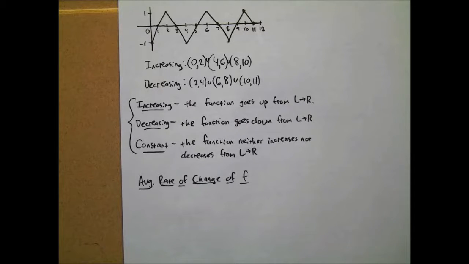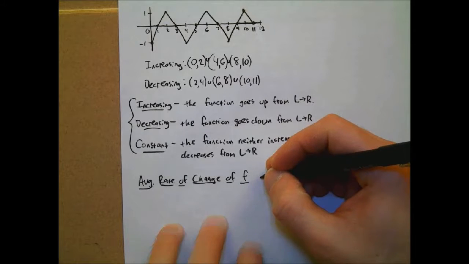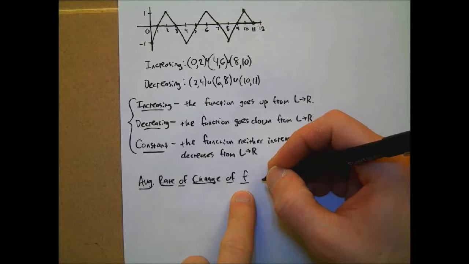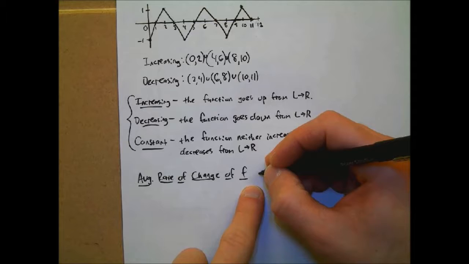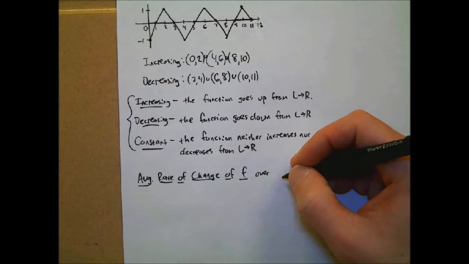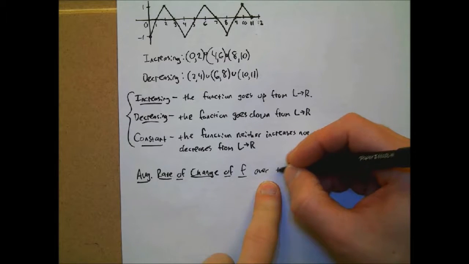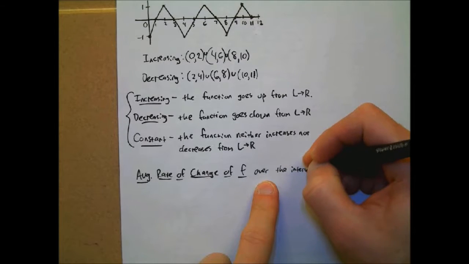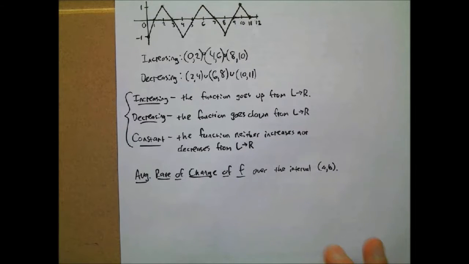Normally when you're asked to find the average rate of change of f, you're given some sort of interval. So let's say we want to find the average rate of change of f over the interval a to b, because you're normally given an interval.